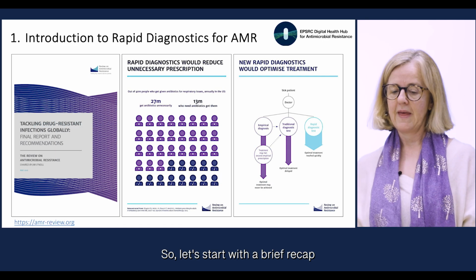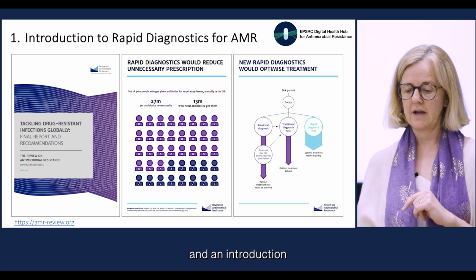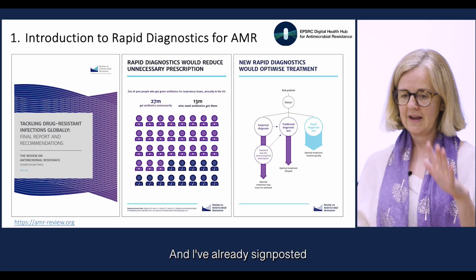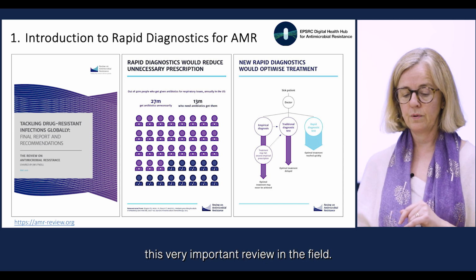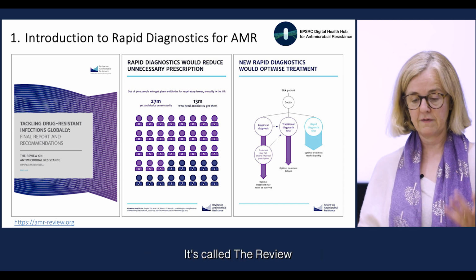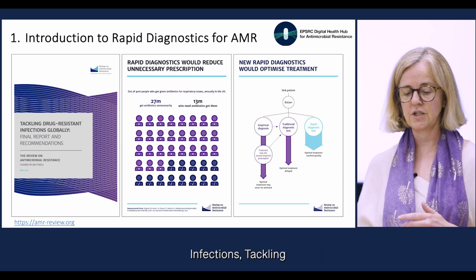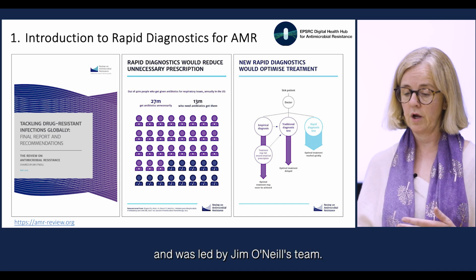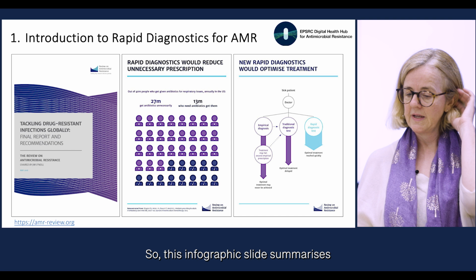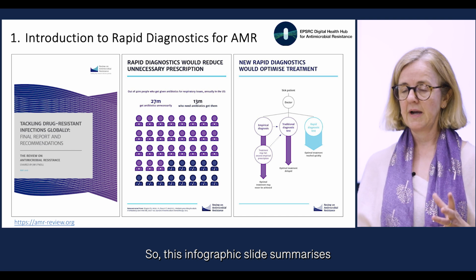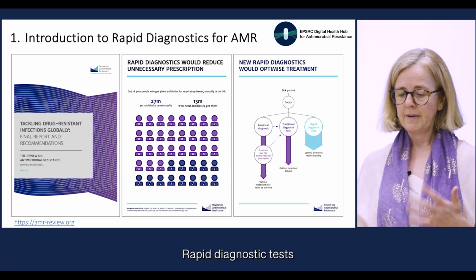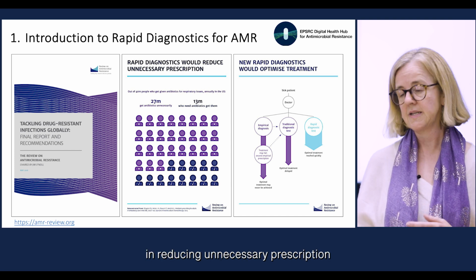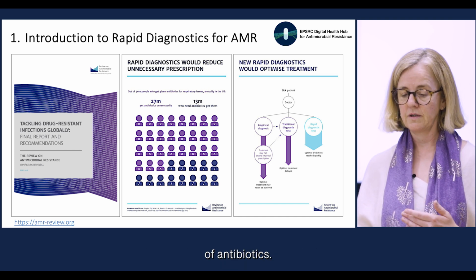So let's start with that brief recap and an introduction to rapid tests for antimicrobial resistance. And I've already signposted this very important review in the field. It's called the Review on Antimicrobial Resistance, Tackling Drug-Resistant Infections Globally, and was led by Jim O'Neill's team. So this infographic slide summarizes the problem. Rapid diagnostic tests would play a crucial role in reducing unnecessary prescription of antibiotics.